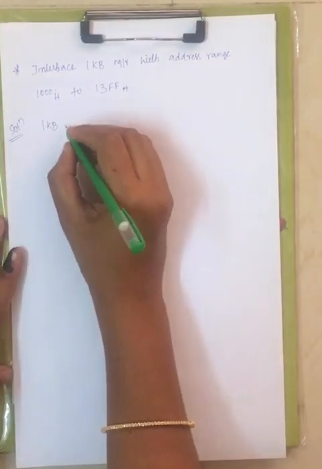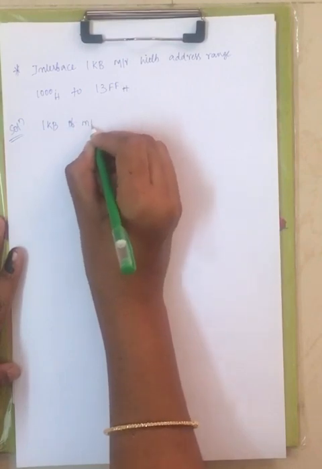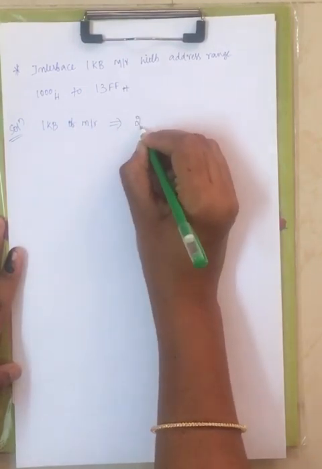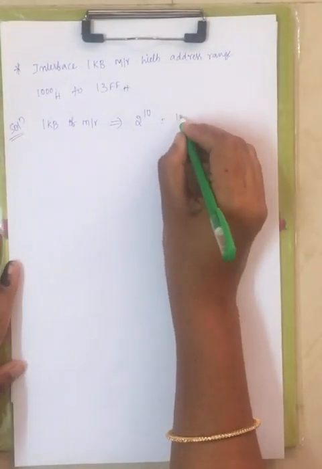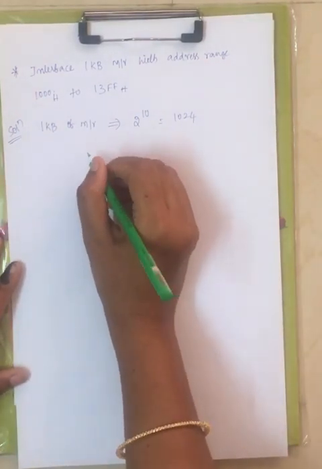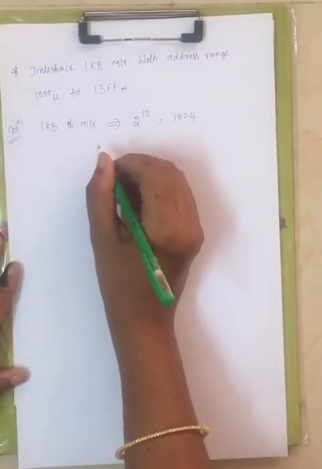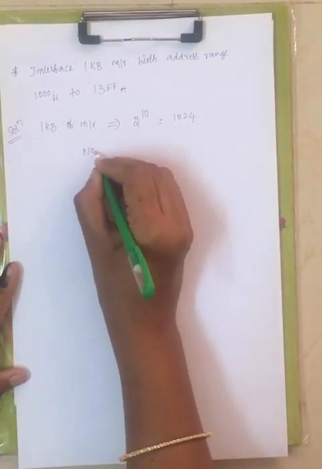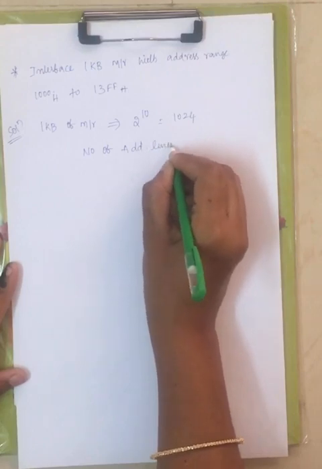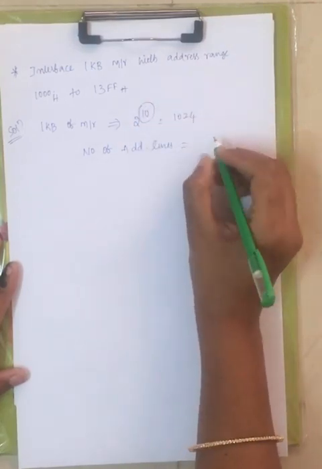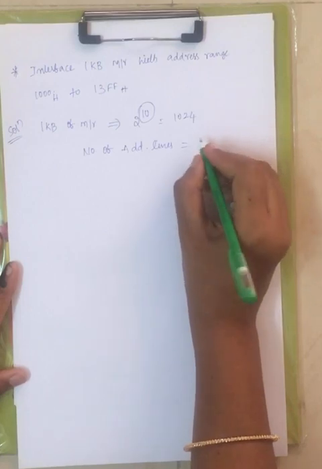Now 1 kilobyte of memory is nothing but 2 power 10, which is 1024 bytes of memory. Now how many address lines? 10. How to calculate memory? 2 power address lines will give you the memory of a microprocessor.